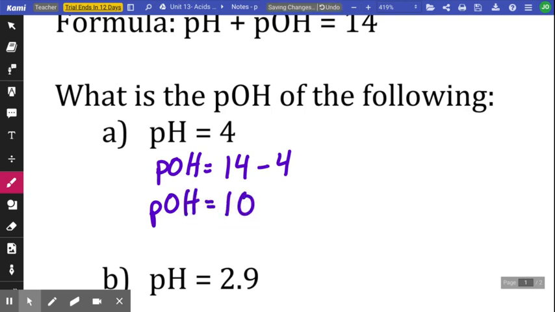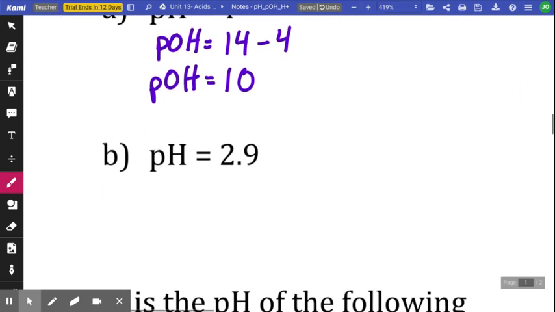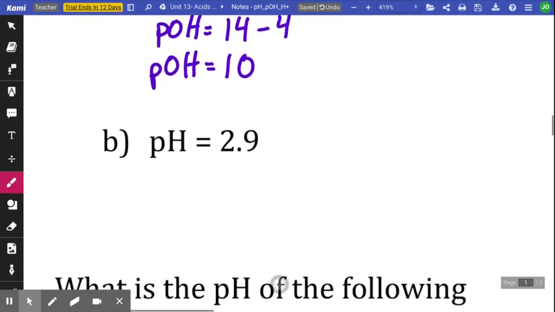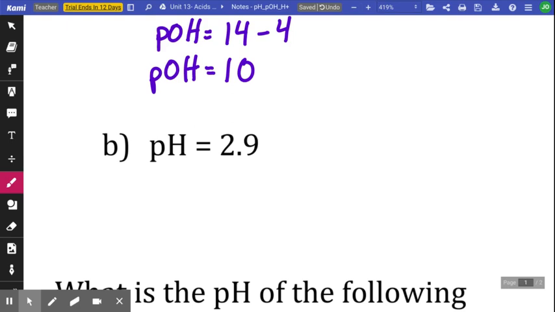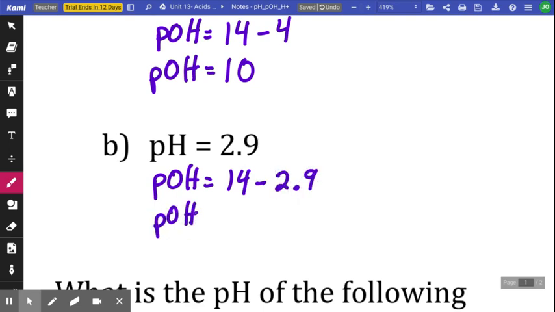It is that easy, just a very simple subtraction. Same thing here. If I'm solving for my pOH, 14 minus the pH, 2.9, I'm going to find my pOH to equal 11.1. Now, pH and pOH do not have units, so you don't need to put a unit there.